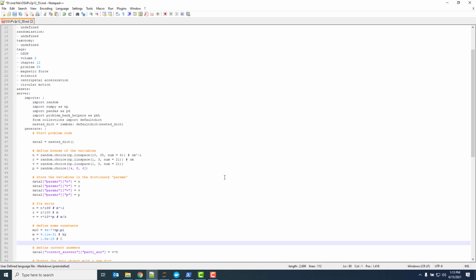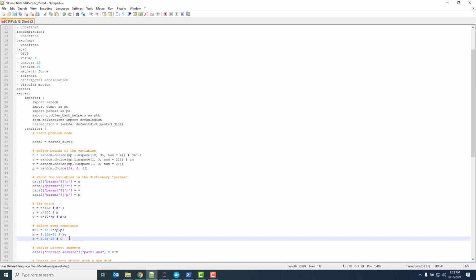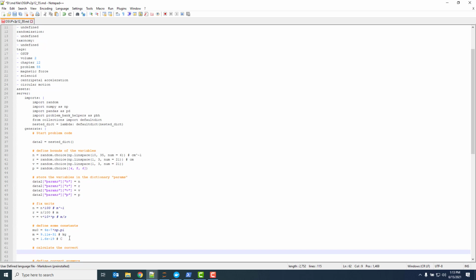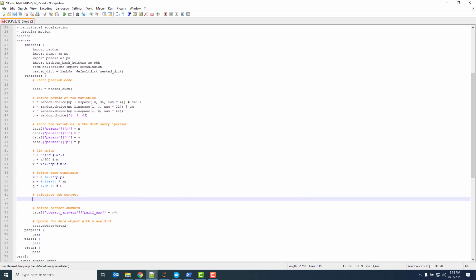Okay, so what we can do then is calculate the correct answer. Notepad's trying to autofill me and doesn't always get it right.